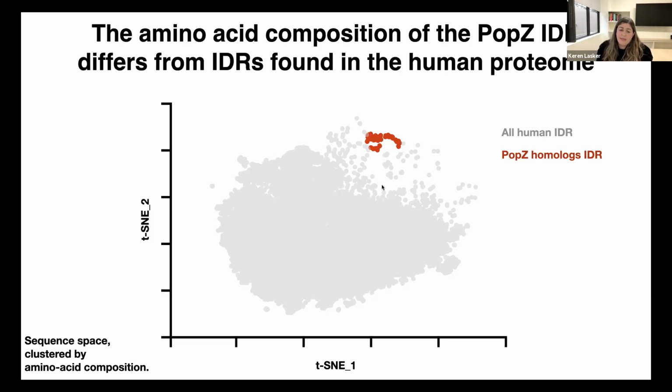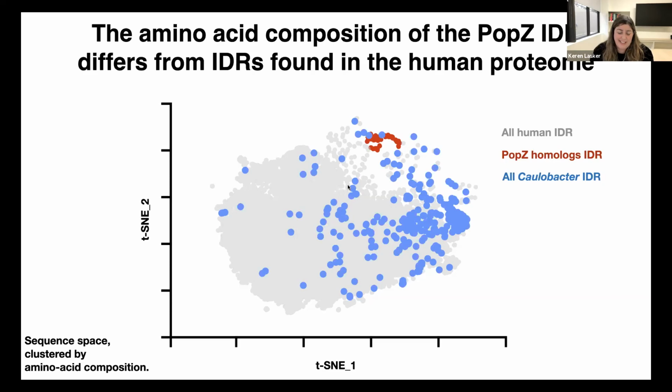And indeed, when we projected the sequence composition of POP-Z homologs, shown here in red, and the sequence composition of disordered regions from the entire human proteome, shown here in gray, doing t-SNE analysis, what we found is that POP-Z creates a distinct cluster, indicating that this type of amino acid composition of the POP-Z IDR is rarely visited by human IDRs.